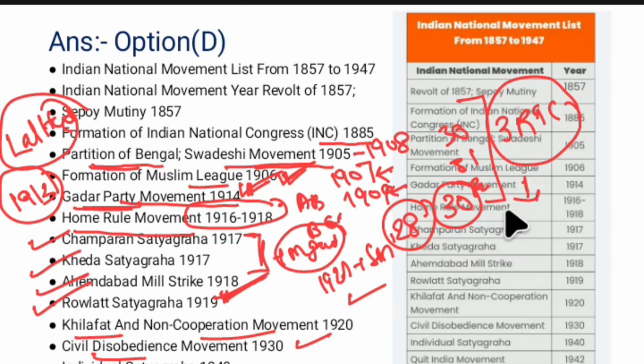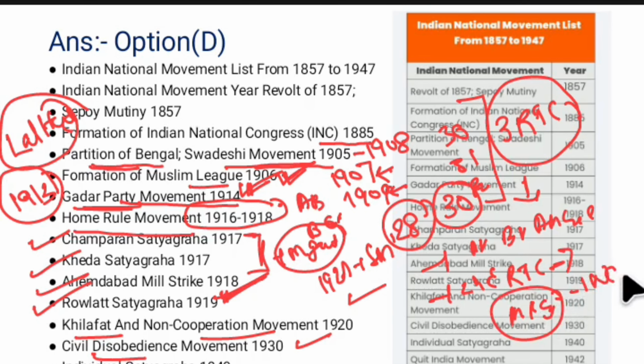All these round table conferences were attended by Dr. B.R. Ambedkar, and the second round table conference was attended by Mahatma Gandhiji from INC.